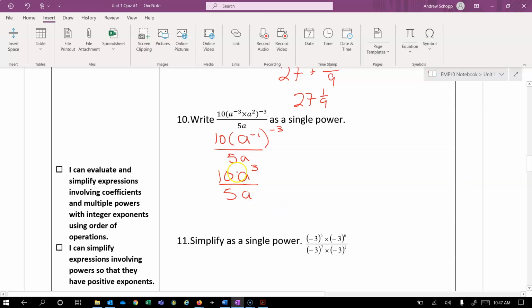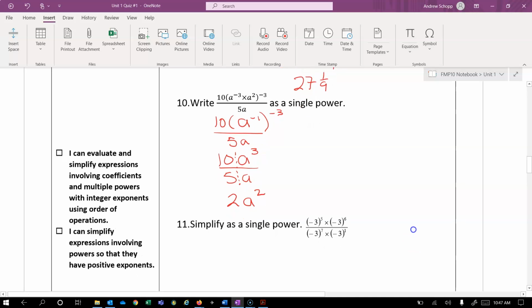And now I want to simplify between the numerator and the denominator of this fraction. So 10 divided by 5 is 2. And a to the power of 3 divided by a is a squared. So that's number 10. Just be super careful with your negatives and negative exponents.